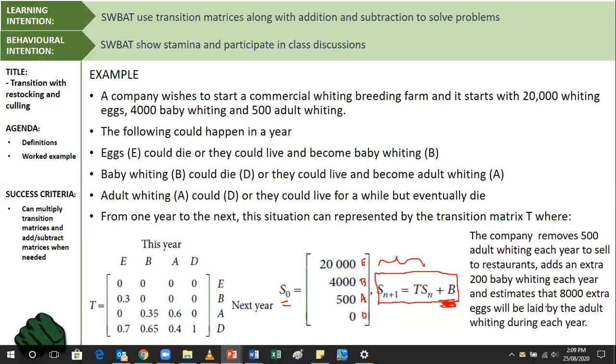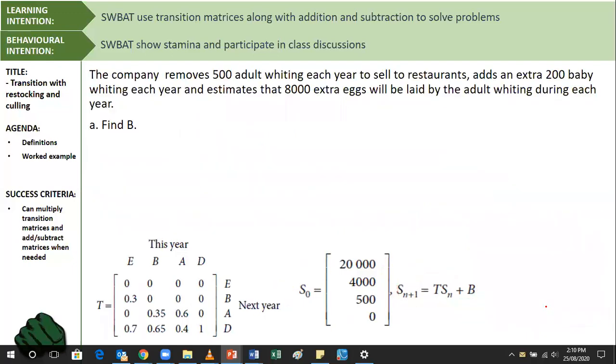This is where you're adding into the situation or removing from the situation. The question is, find your B matrix. The B is the extra restocking or the culling or removing of these particular items. This is what it looks like. We're adding in 800 extra eggs.